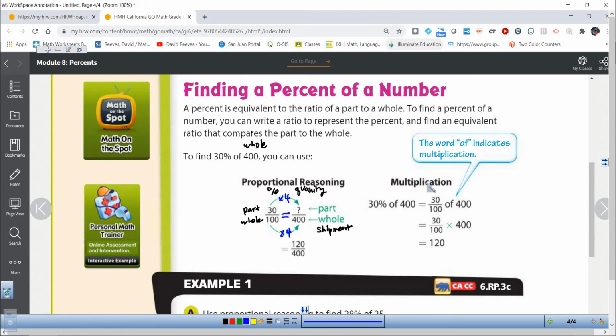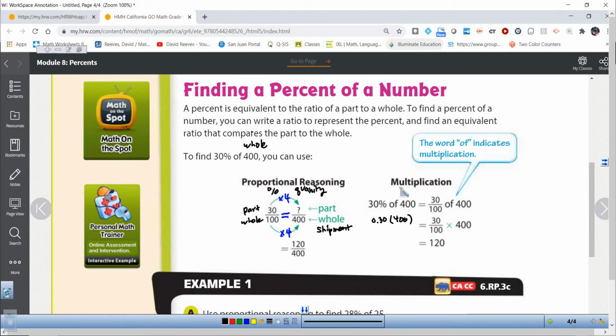All right, now there is another way that I really should tell you. For these types of problems where you are given the percent and you're given the whole, you can simply multiply the percent by the whole. So I could take this 30%, and many times you will see it changed to a decimal, 0.3 or 0.30, and I can multiply.